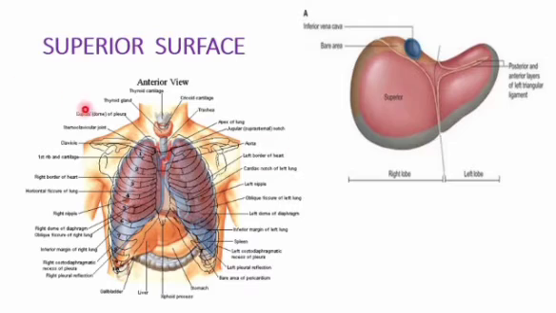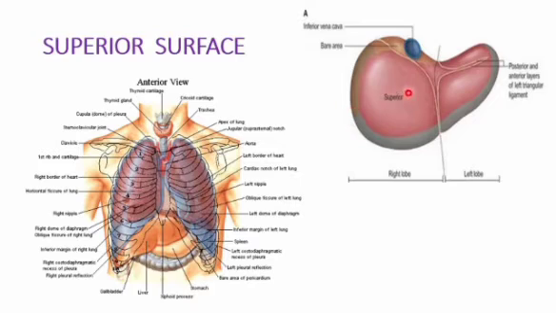Now we are coming back to the superior view. Previously we saw how the liver appears anteriorly and on the posterior surface. Now we are dealing with the superior surface of the liver. The superior surface is convex on the right and left sides. You can see here it is convex, and concave in the middle.